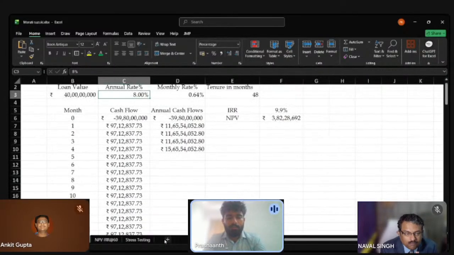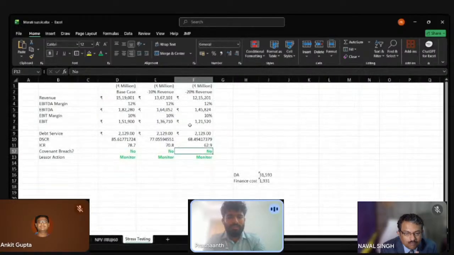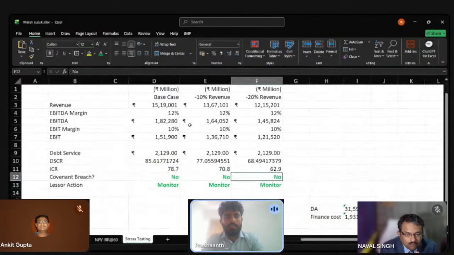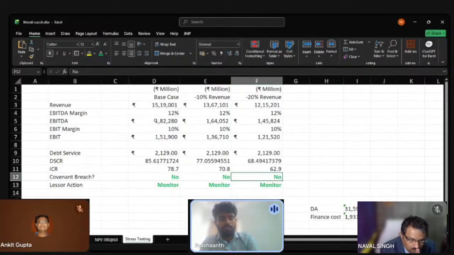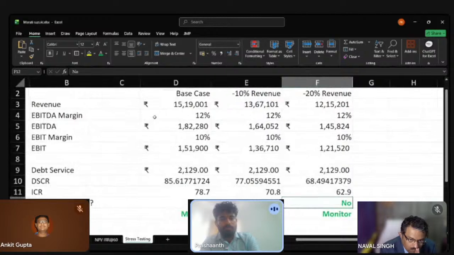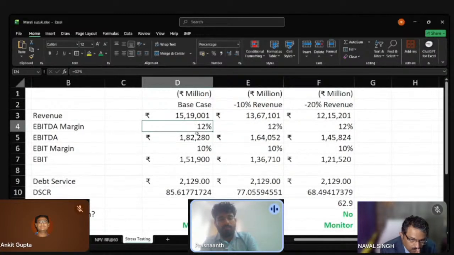So, a bit of stress testing. I've taken the base case here and two special cases where Maruti Suzuki is facing a revenue crunch of 10% and 20%. But in all cases, as you can see, I've maintained the EBITDA margin and the EBIT margin as they are.